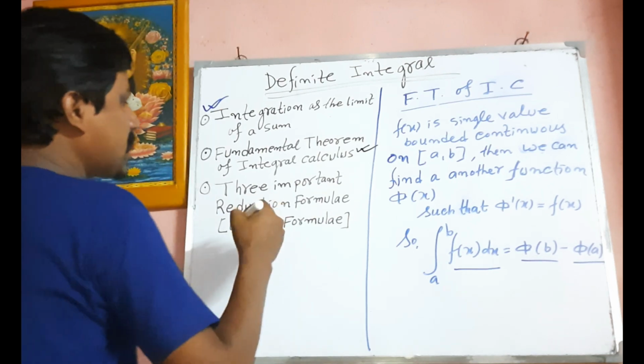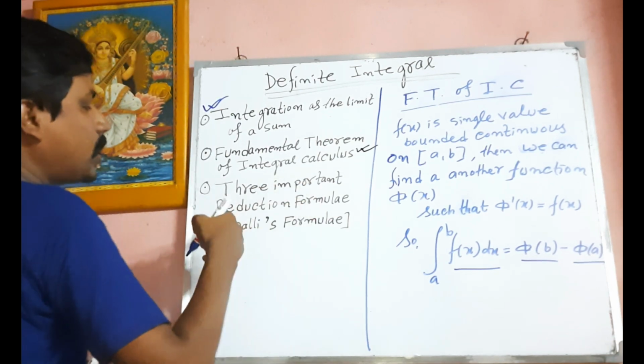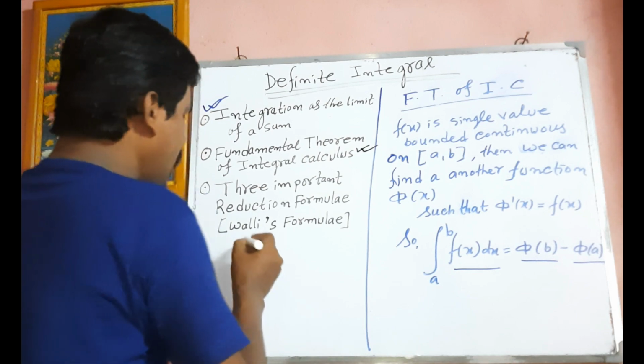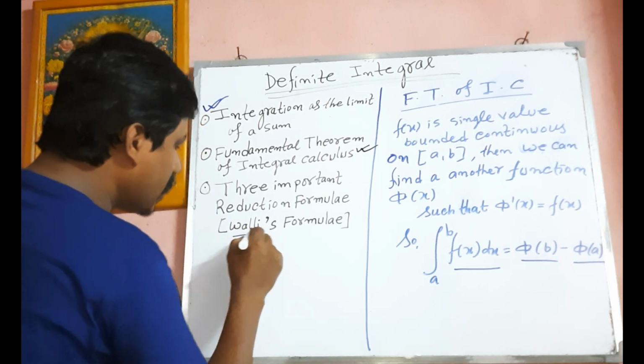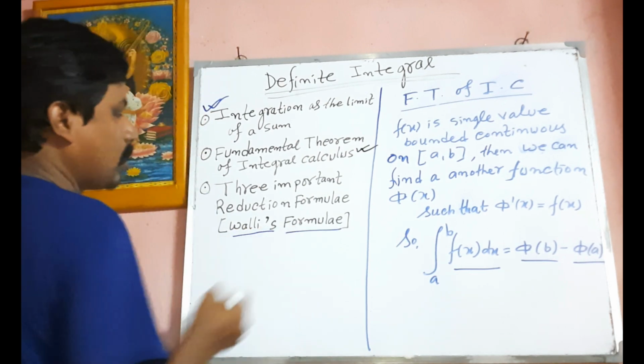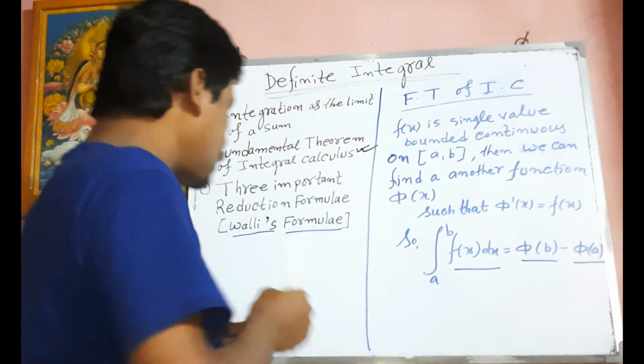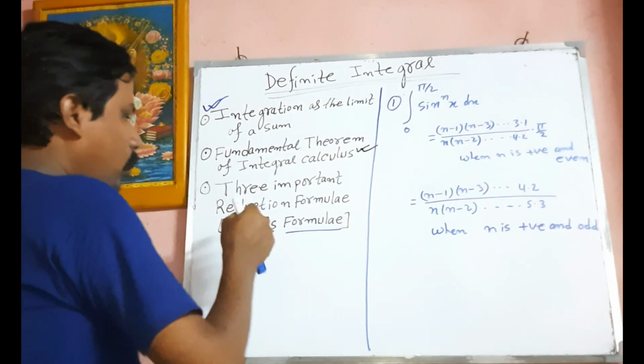So we move to the next, that is the three important reduction formulas, and the formula has a unique name, Wallis formula.